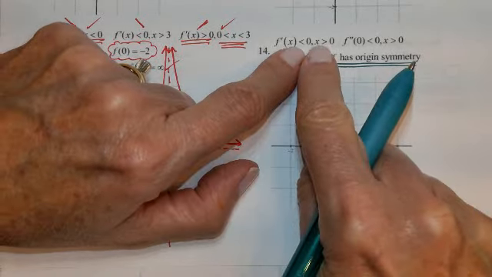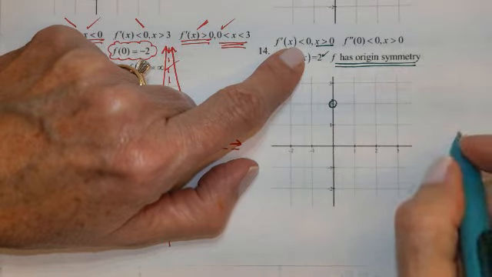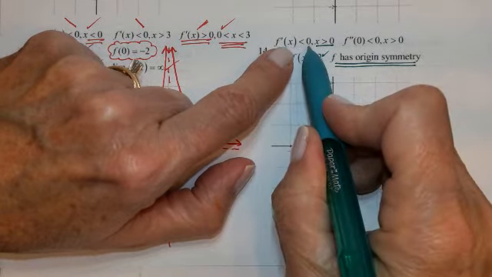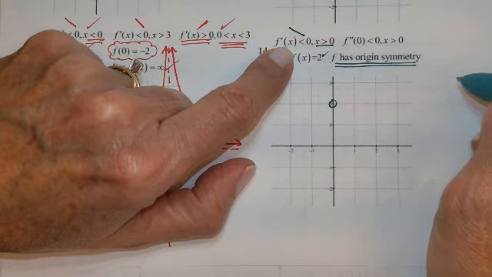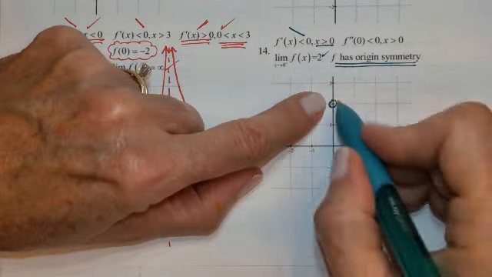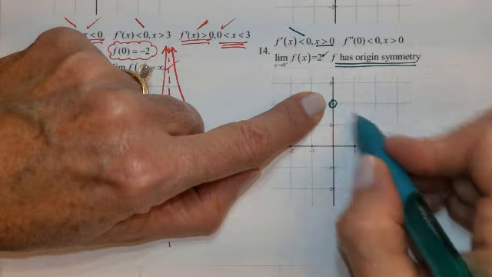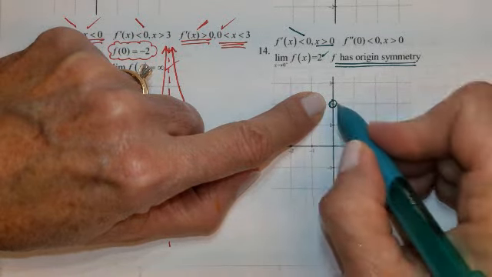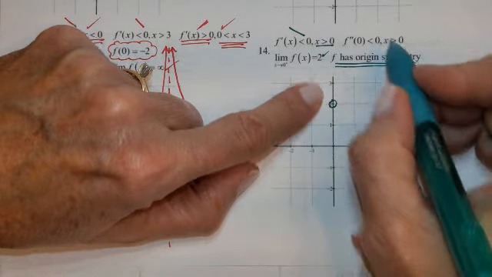Let's come up here. When x is positive, f prime is negative, so we're decreasing. Maybe it's concave down, maybe it's concave up, maybe it's straight, but it's decreasing.